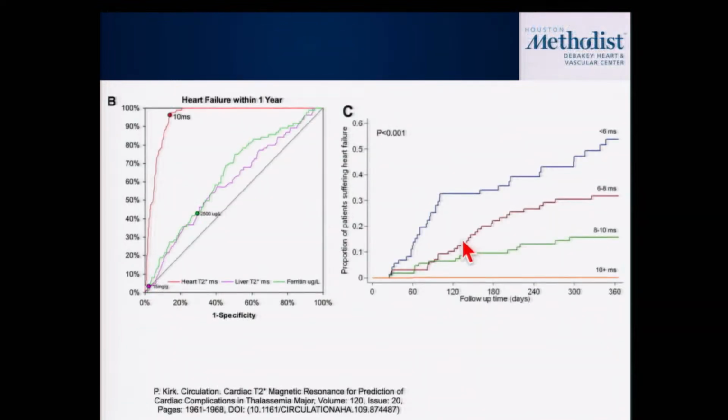And in this series right here, a T2 star value of the heart of less than 10 was associated with heart failure events during follow-up, whereas values that were greater than 10 had a very low likelihood of having subsequent heart failure events out to 3 years of follow-up.